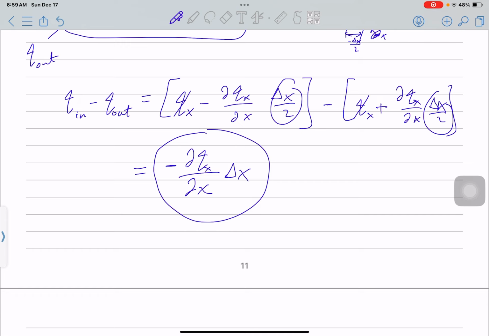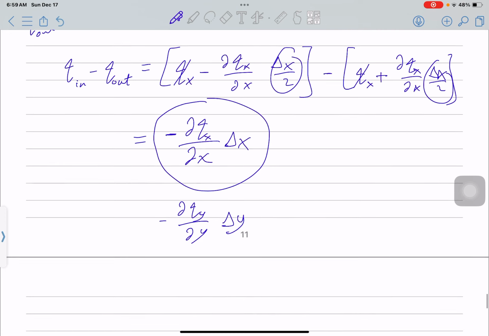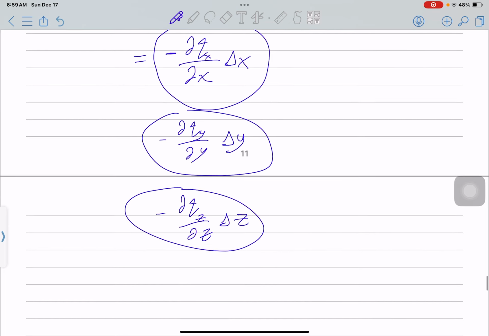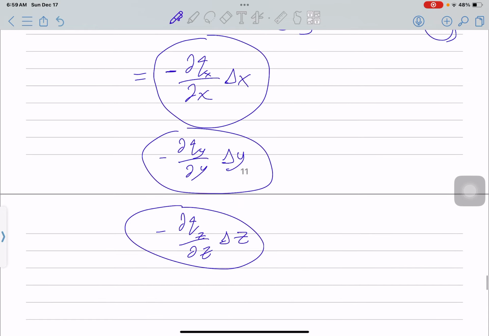Similarly, we can do it for the y direction, and we will get negative partial qy by partial y delta y, and negative partial qz by partial z delta z. We don't have to derive it 3 times. So we have the 3 energies in the x, y, and z directions.